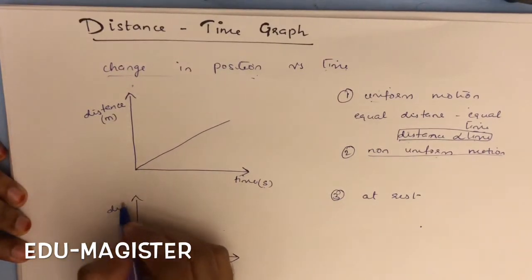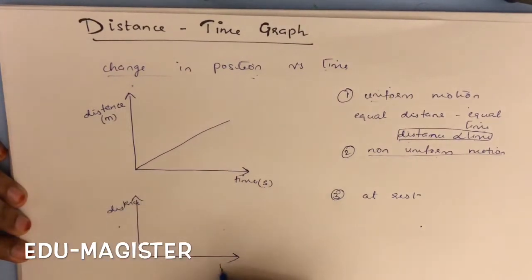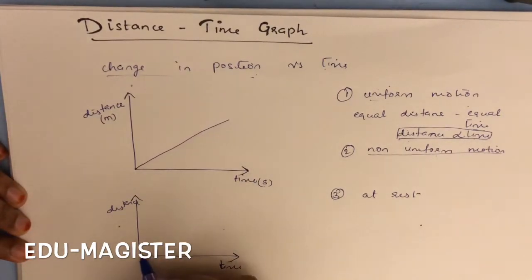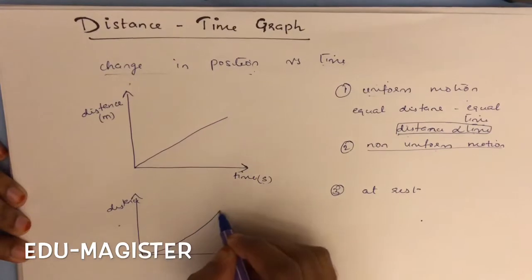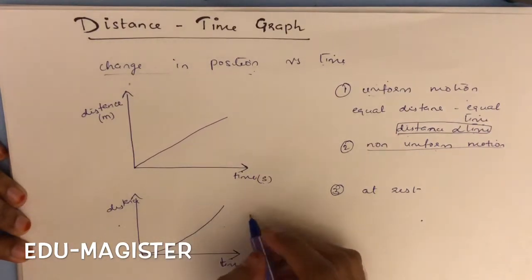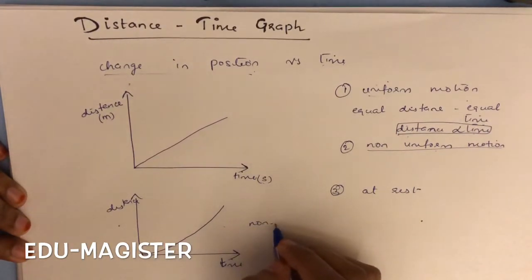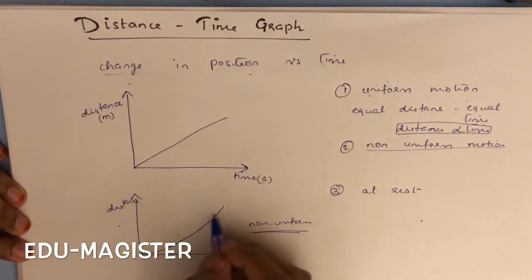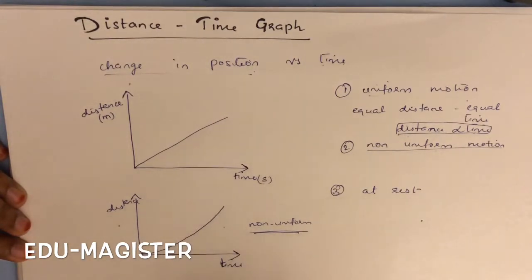This is distance and it is time in the x-axis. In this case, the graph will be a curve for a non-uniform motion. It will be a curve because distance is not directly proportional to time, or the object is not covering equal distance in equal interval of time, right?